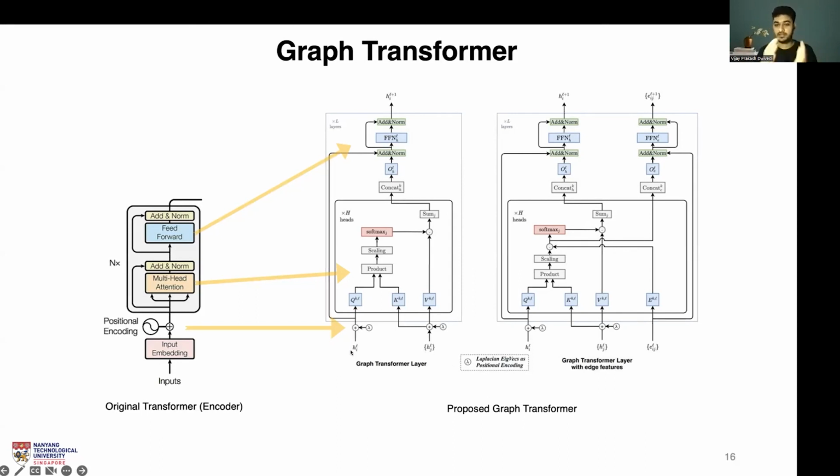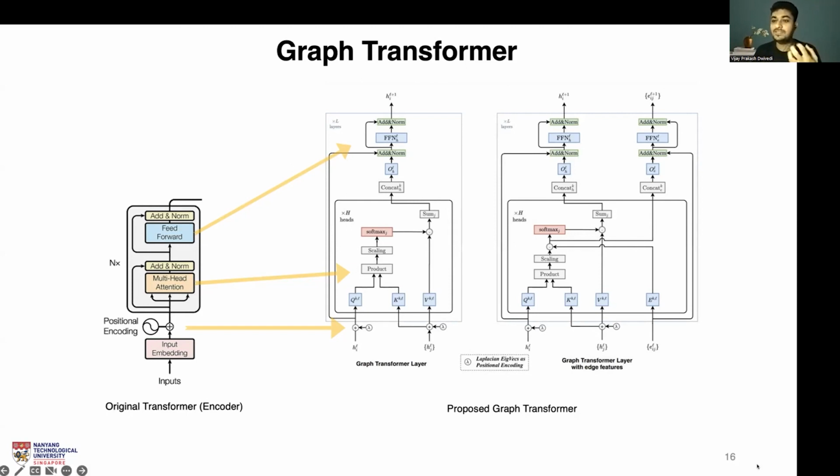So this is the straightforward generalization, and we have a second extension as well for the graph transformer. In the case of graphs, at many places we can have information on the edges which is very important. In the case of molecules, for example, this edge information may represent the types of bonds: single, double, aromatic, etc. In the case of knowledge graphs, it could represent the type of links.